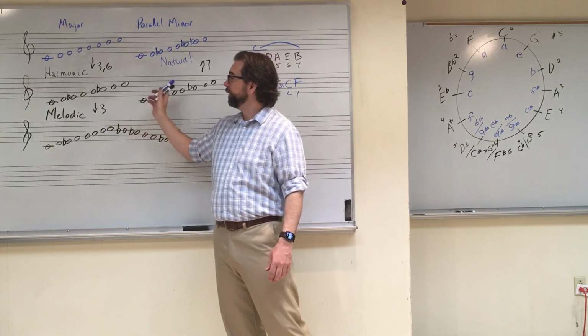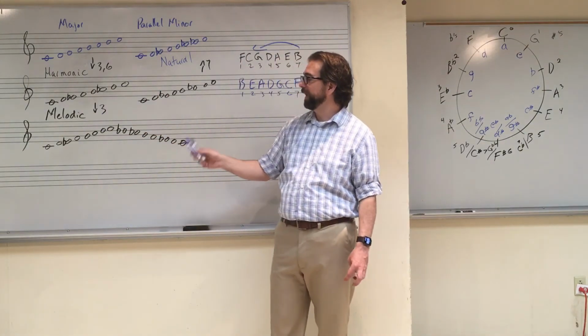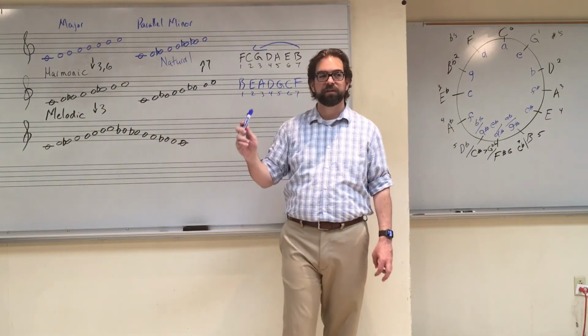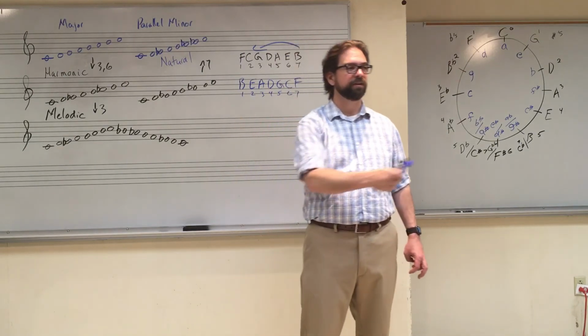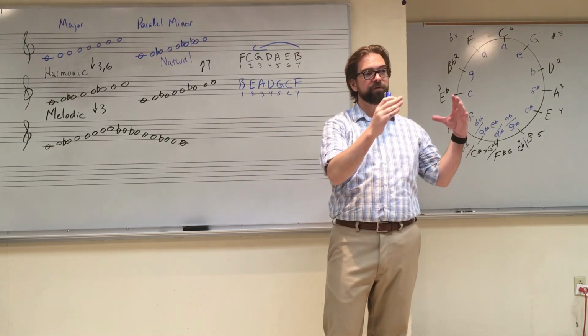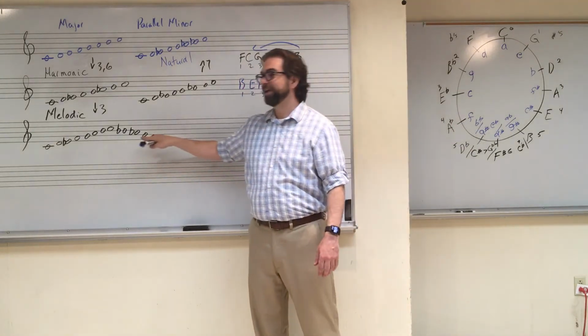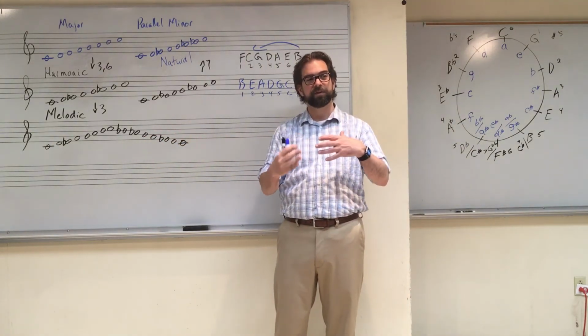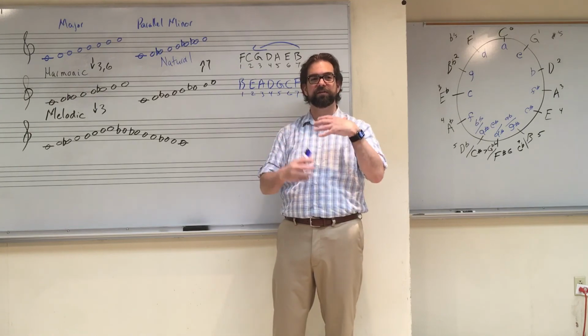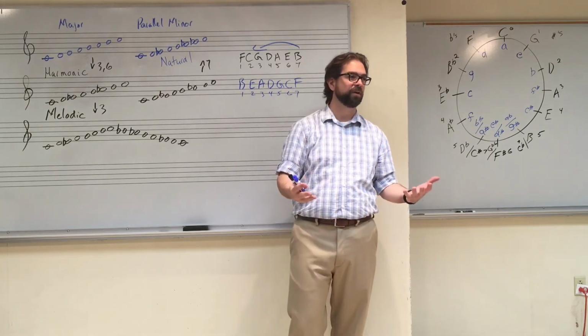And another useful thing about these scales, the reason we have these different versions, is it makes it easier to modulate to other keys. So if I want to go from like C major to another key, I can use some of these accidentals to kind of introduce some of the notes for the new key, so the new key isn't such a surprise. It's like foreshadowing in music.